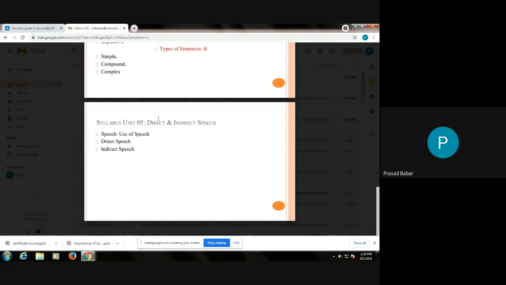In this unit we will study speech and its use. What is speech and what are the types of speech, we will discuss in this unit. Speech means any sentence that comes out of the mouth of a speaker. There are direct speech and indirect speech. These are the two types of speech.